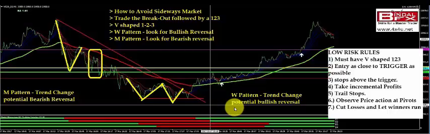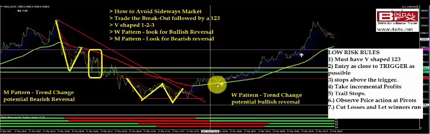So I'm always looking for such patterns, and once that happens, you're looking for a break of resistance. And then I would like to see this Bindal trigger line change from red to green, because there's no way I would be looking to buy unless this Bindal trigger line is bullish.